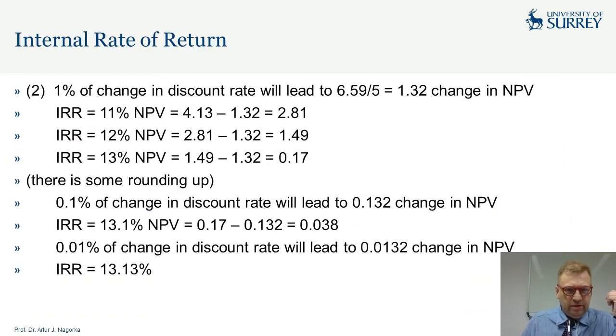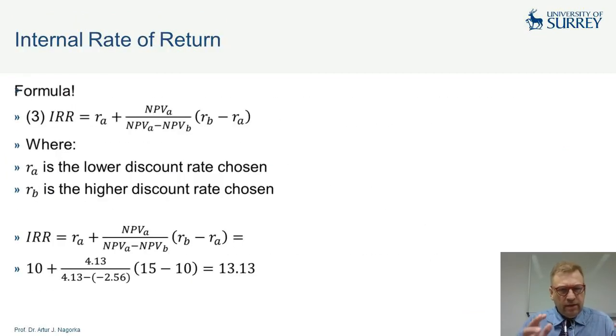Okay, let's calm down. So we take the lower discount rate, which is 10, plus, now we have this expression with NPV at the lower rate, the upper, divided by this higher NPV minus this lower negative.